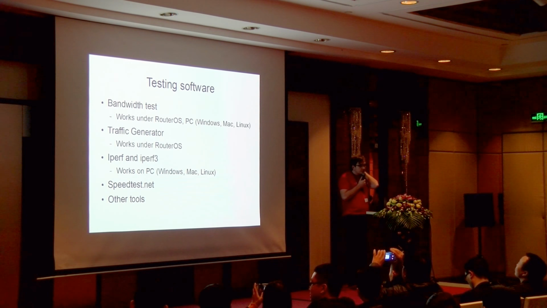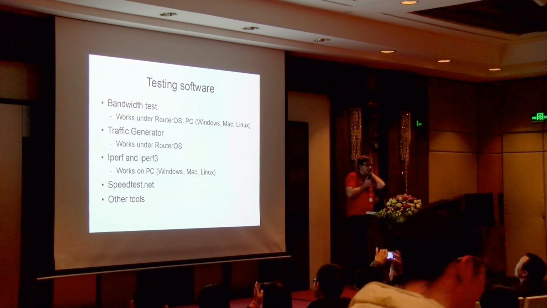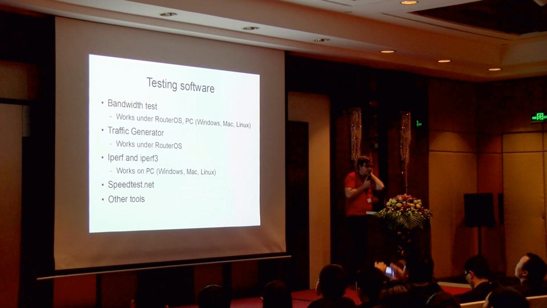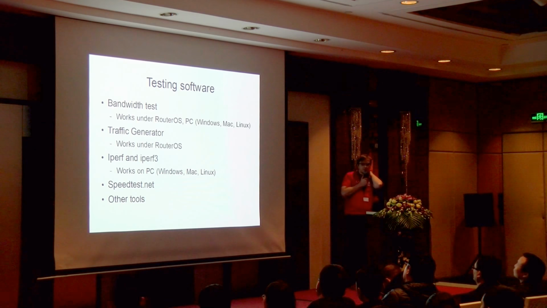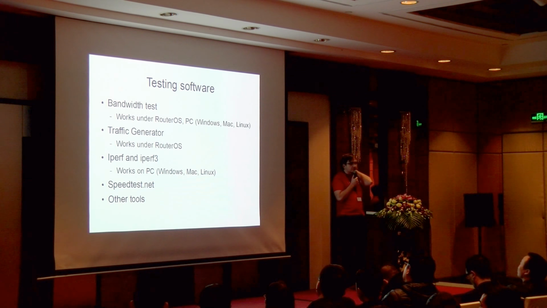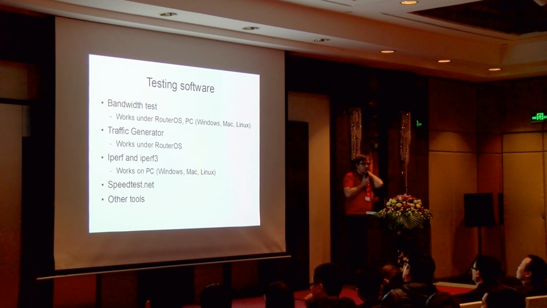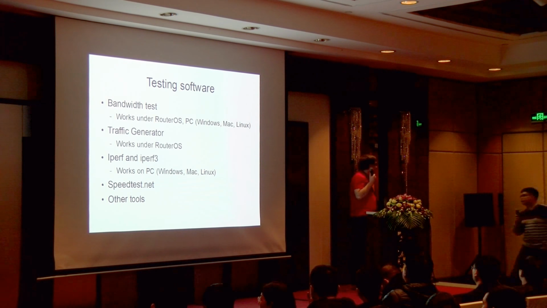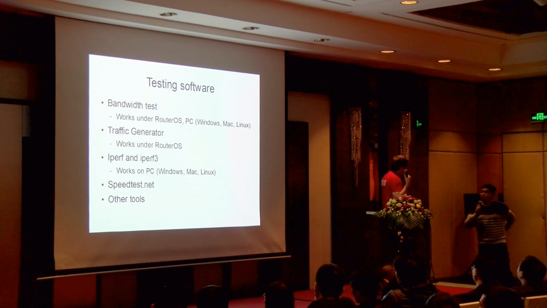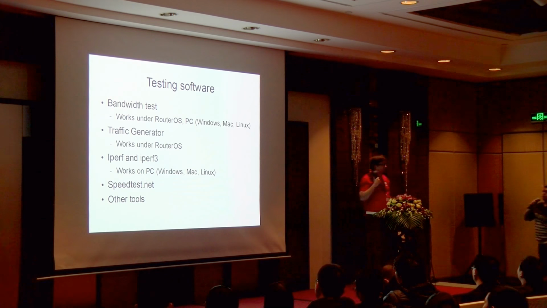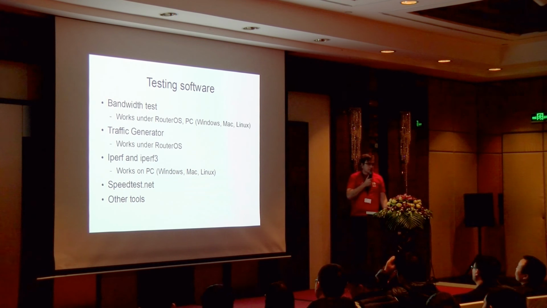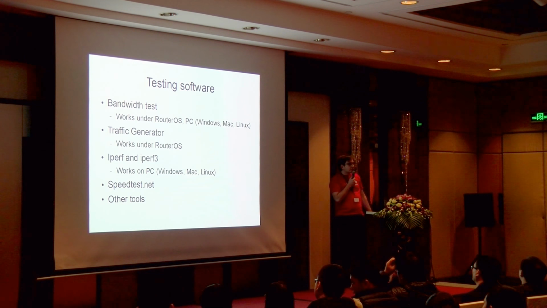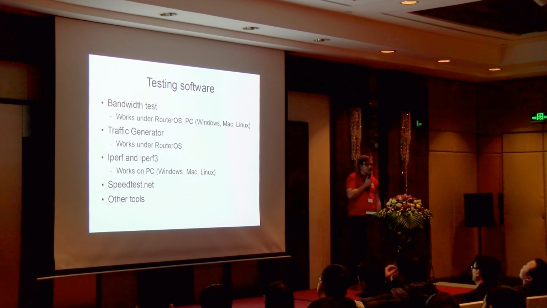So let's talk a bit about software used for testing wireless links. If you are testing throughput with bandwidth test, you should remember that it uses CPU resources a lot. A single bandwidth test instance will run on a single core.